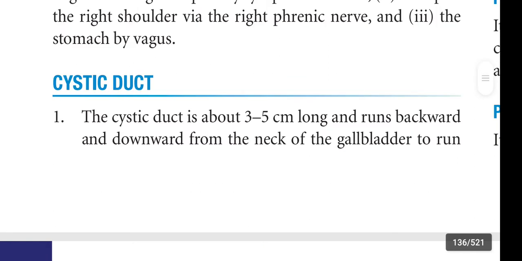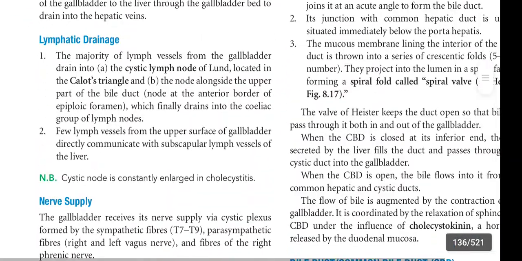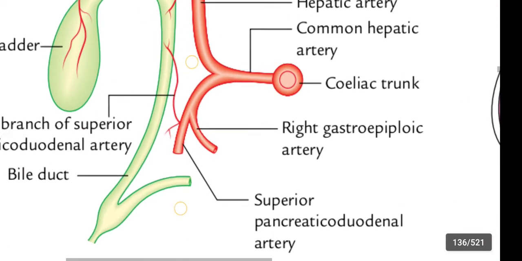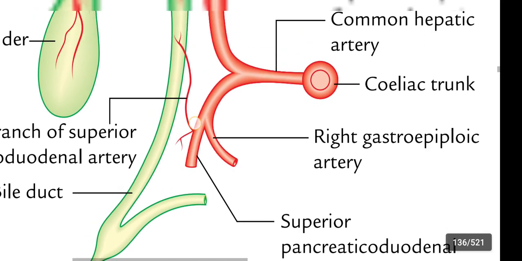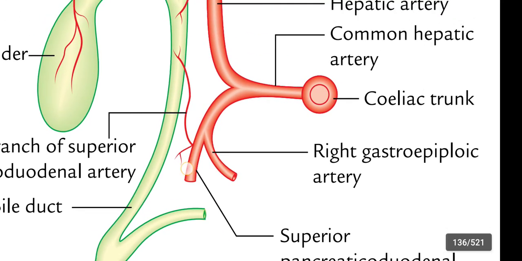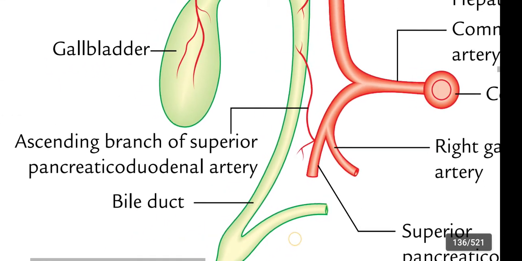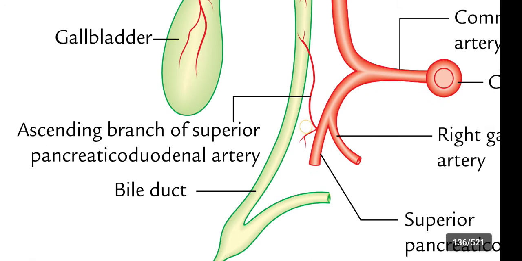Once again coming to the diagram. This is the superior pancreatico-duodenal artery. It gives an ascending branch, which supplies the lower part of the bile duct.